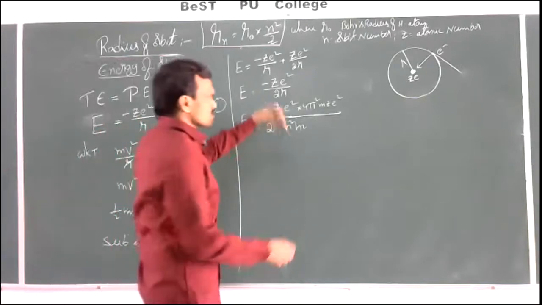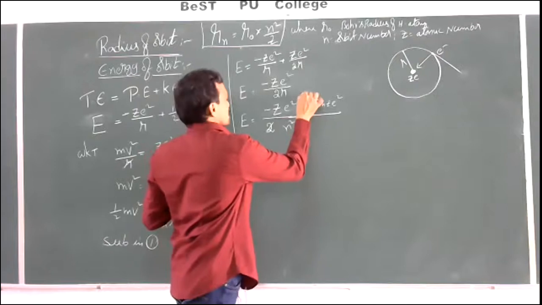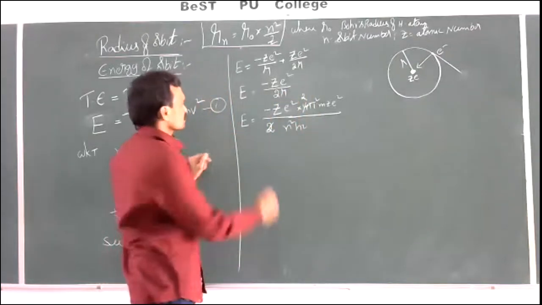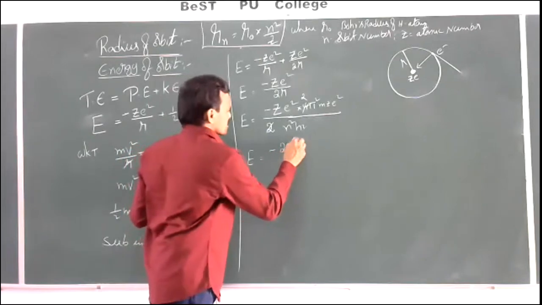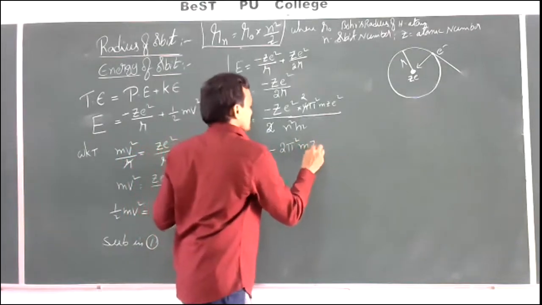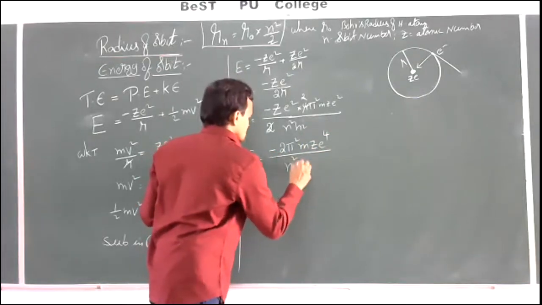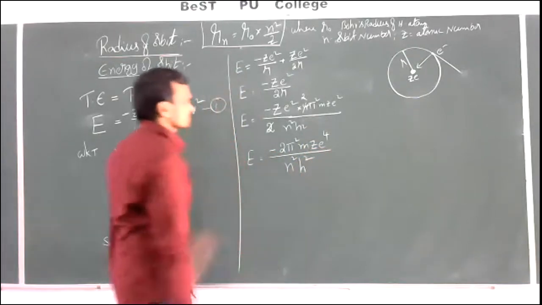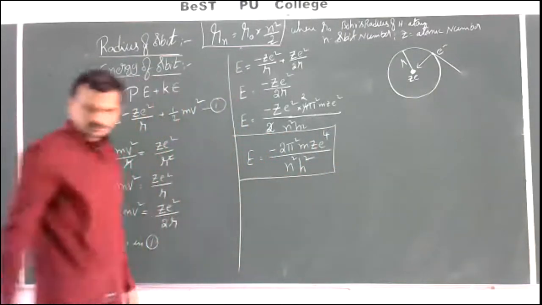That 4 pi square m Z e square goes to the numerator. Now cancel, so here 2 gets cancelled. Then E is equal to minus 2 pi square m Z square e power 4 by n square h square. So this is the expression for the energy of the orbit.